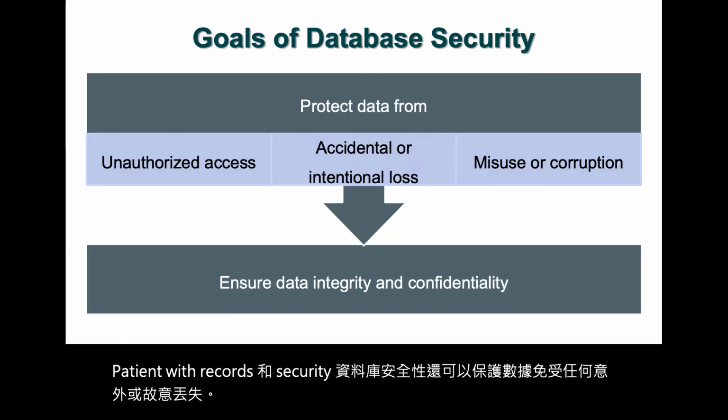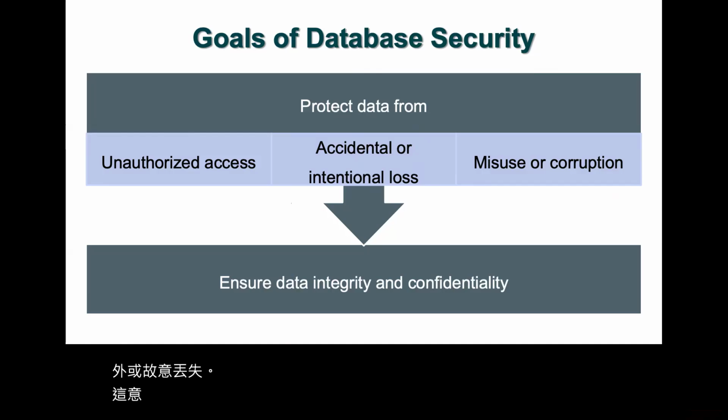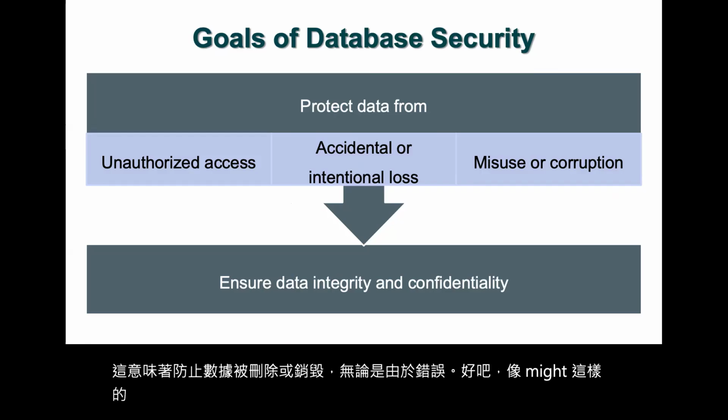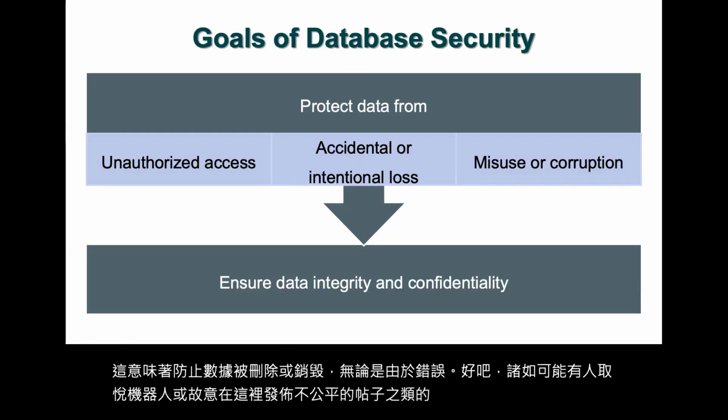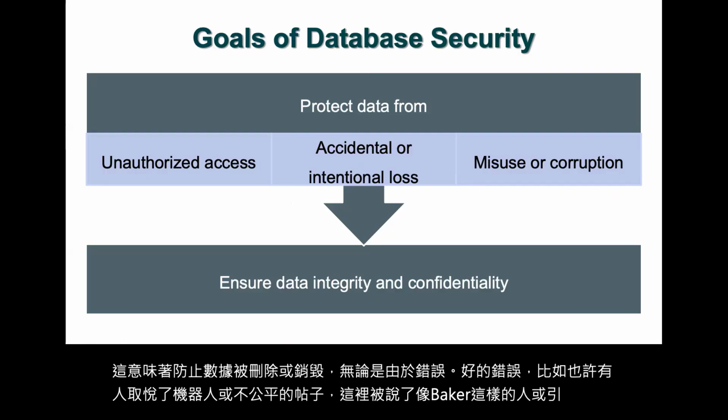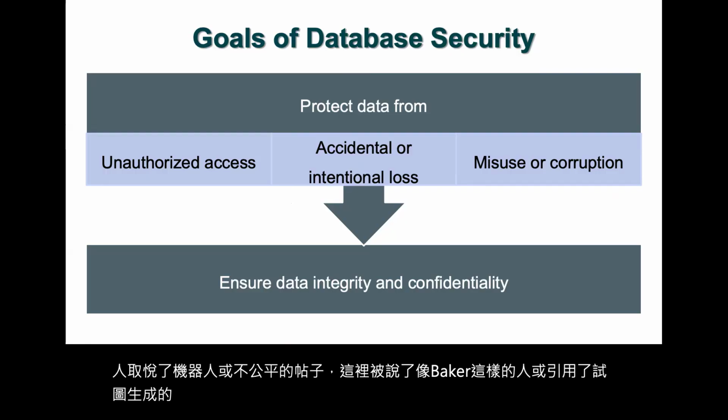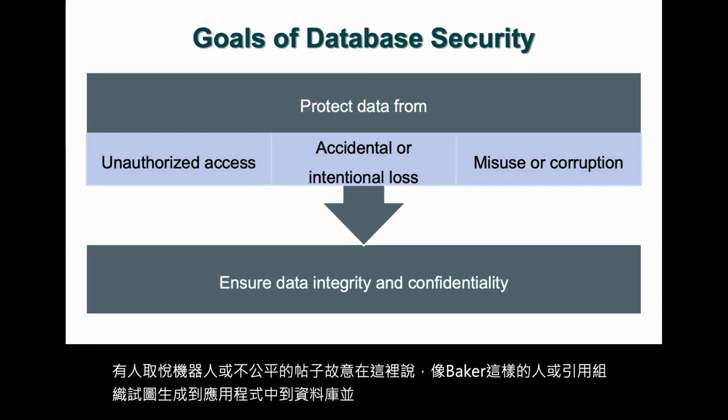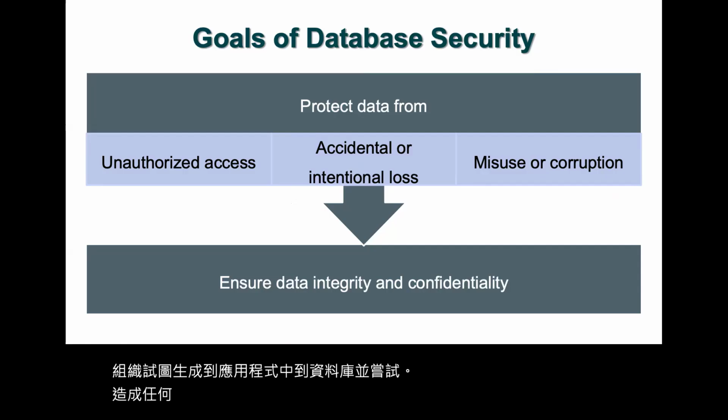This means preventing the data from being deleted or destroyed, whether by mistakes, like maybe someone clicked the wrong button, or on purpose. On purpose here means someone like a hacker or someone inside the organization trying to break into the application and the database and cause harm.